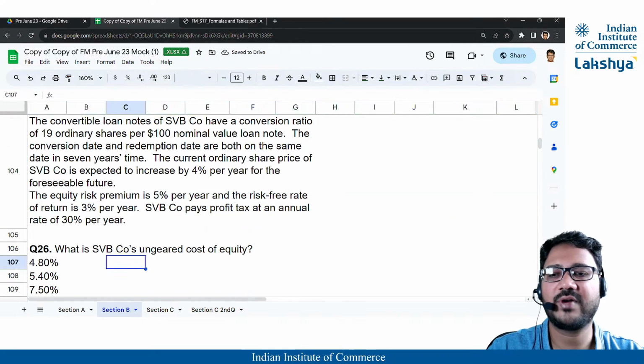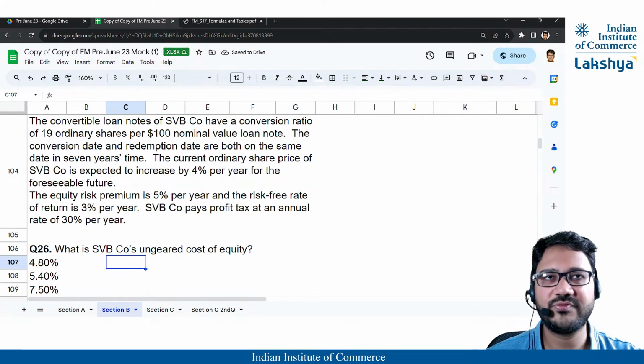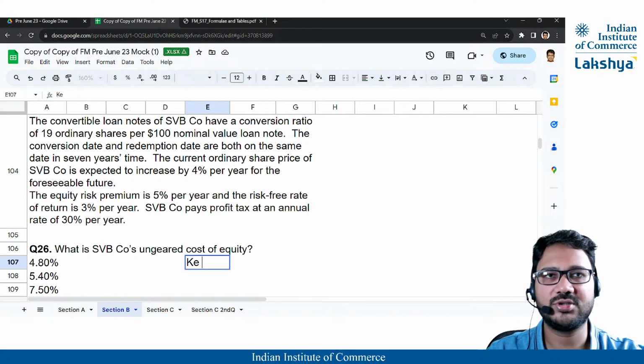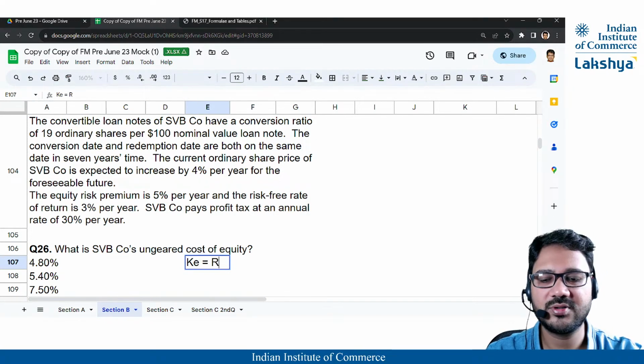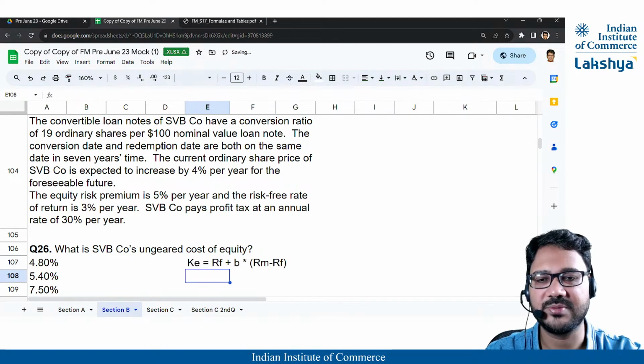Okay, we are asked to find the ungeared cost of equity. Normally, cost of equity is equal to risk-free rate plus, as per the CAPM model, beta into RM minus RF. RM minus RF is the market premium or the equity premium.